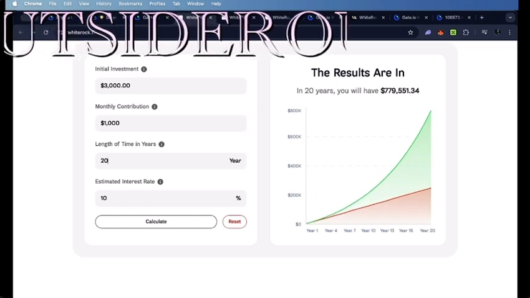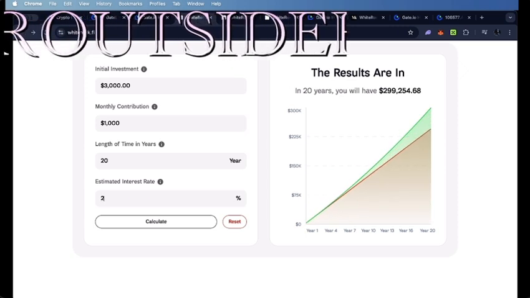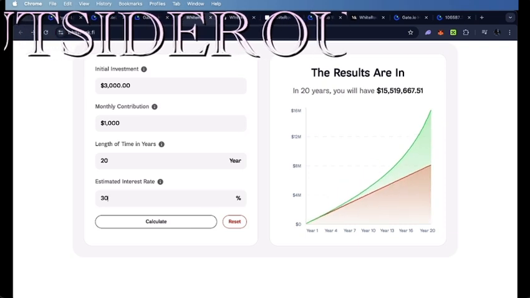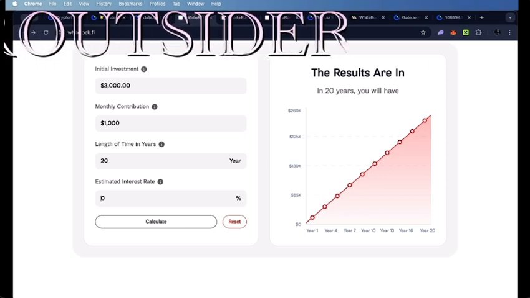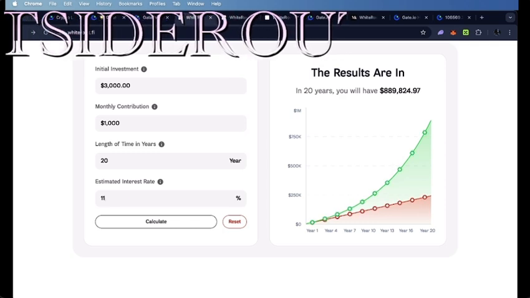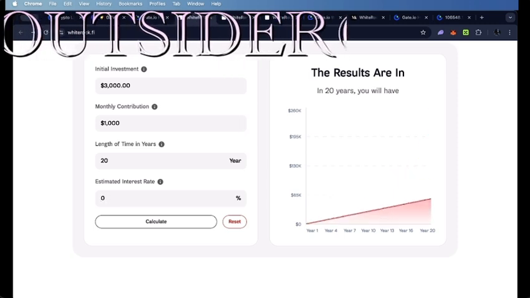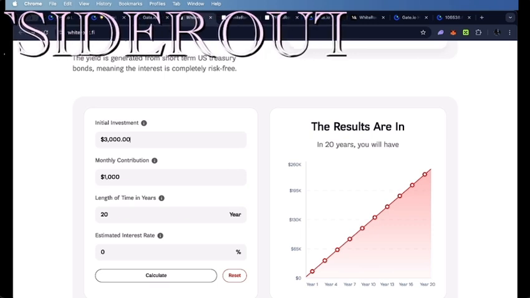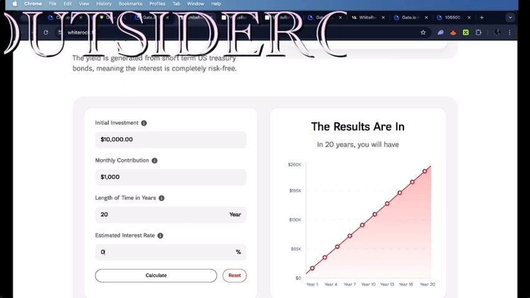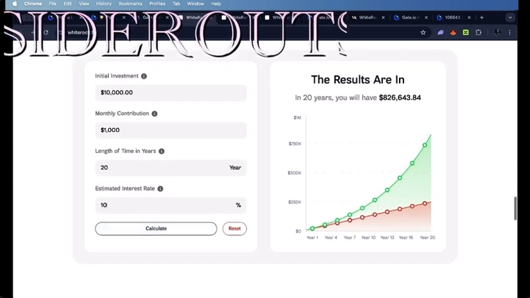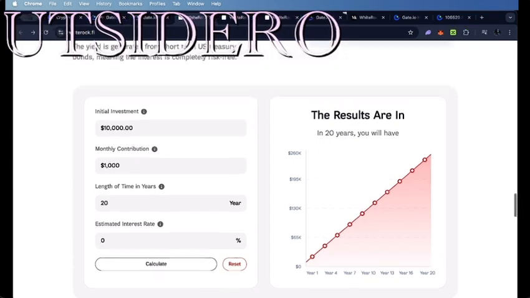In 20 years, it's gonna be that much. Let's see. Stick with 10,000.